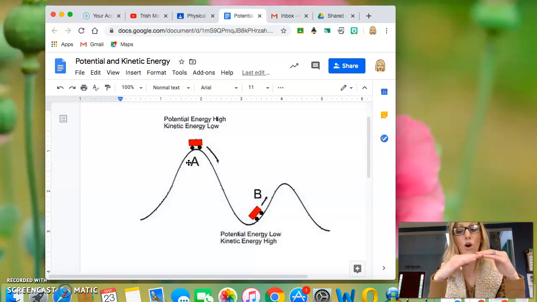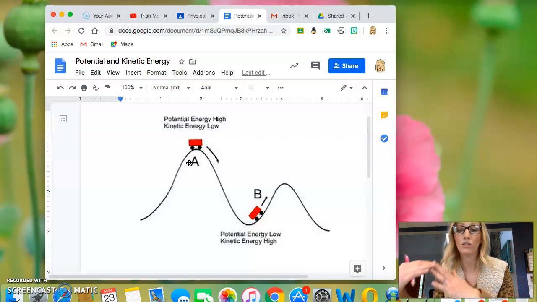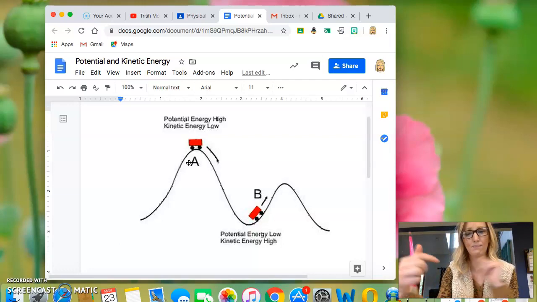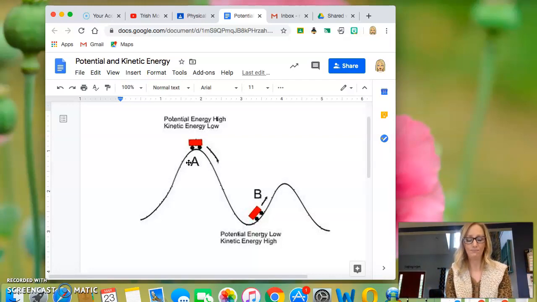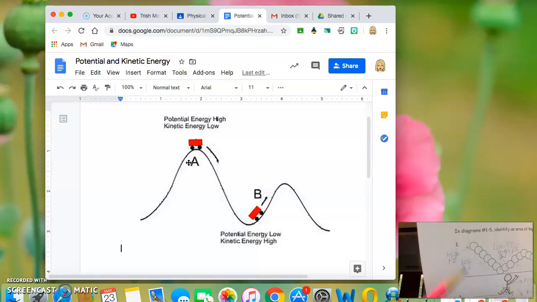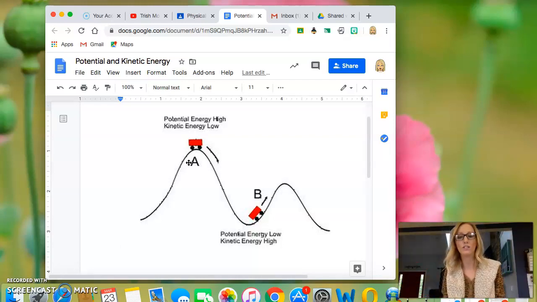Those two are always going to go together, and then low potential energy and high kinetic energy are always going to go together. Hopefully that makes sense. So I wrote on mine that right up at the top we had a high potential energy and low kinetic energy. But once it moved down here, that's when it changed over to our low potential energy and high kinetic energy.